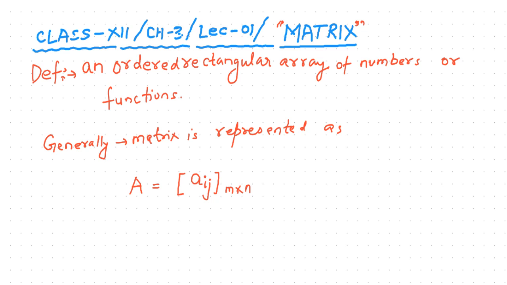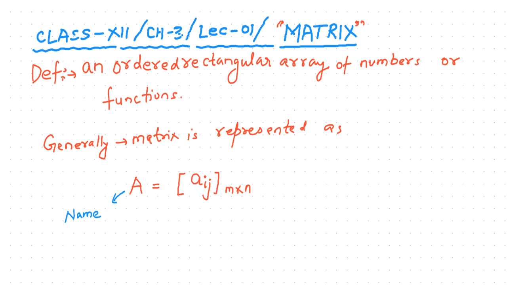Here, this capital A is the name of the matrix. How can we denote a matrix? Here, A is the matrix, and within square brackets we have written a of ij.